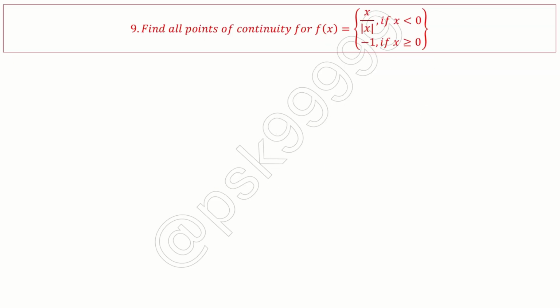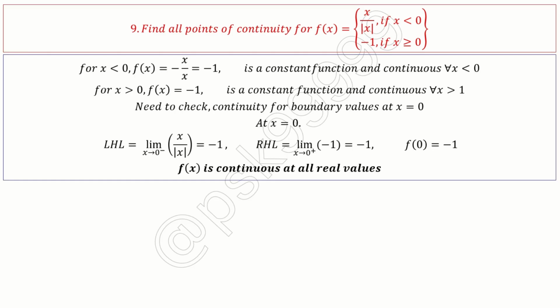Okay, next. This is also exactly similar. The only thing is the definition of the function is x by absolute x. You need to solve it the same way. The only difference is here at x equal to 0, LHL is nothing but x by absolute x, which is minus 1. Okay.